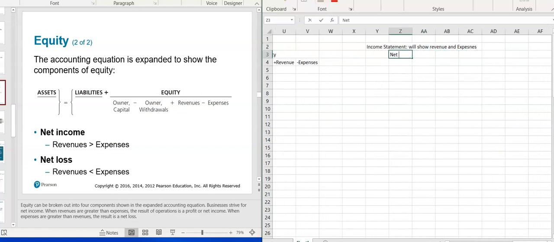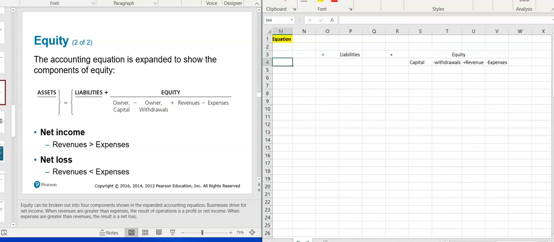And that net income is revenue minus expenses. And when the number is positive, it's net income. If the number is negative, then it's a net loss. Right, and we'll get to the financial statements in a little bit.